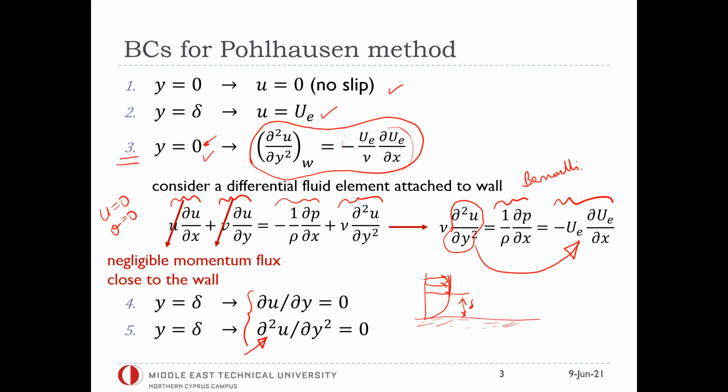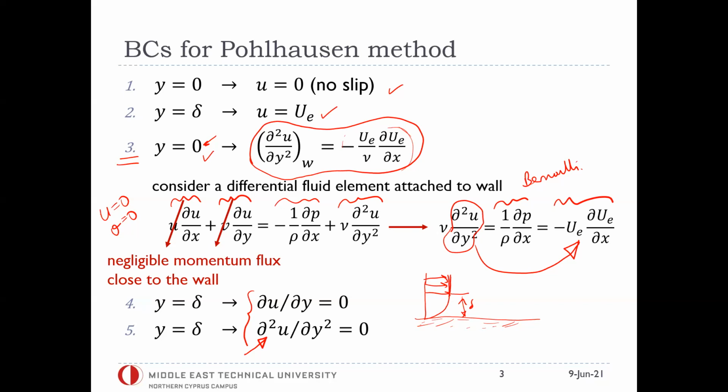Hocam, can I ask a question? What if we try to make the polynomial simpler by taking, let's say, a 3rd order polynomial? Which boundary conditions must we keep? Which can we neglect? First of all, I guess the first 2 must remain. We cannot get rid of them.